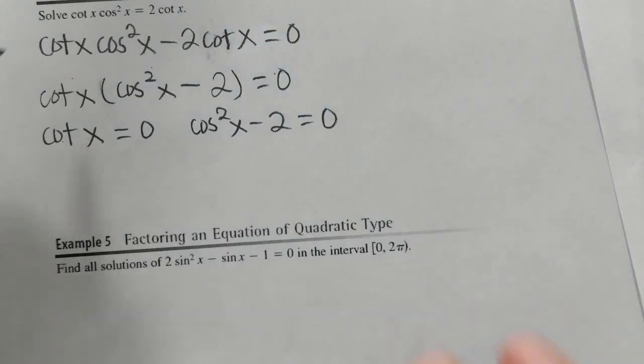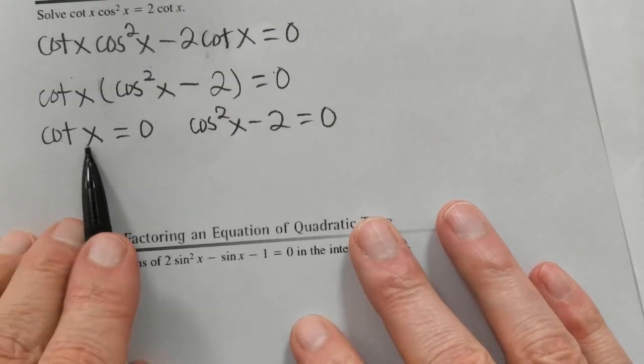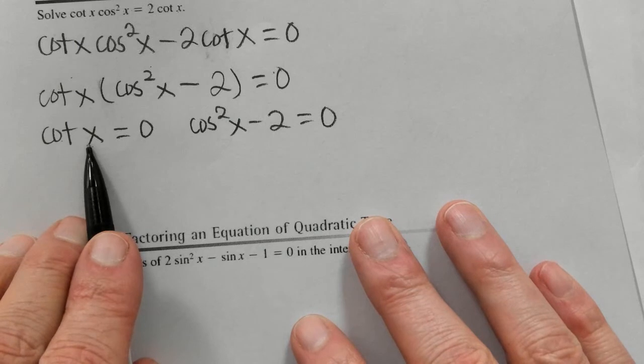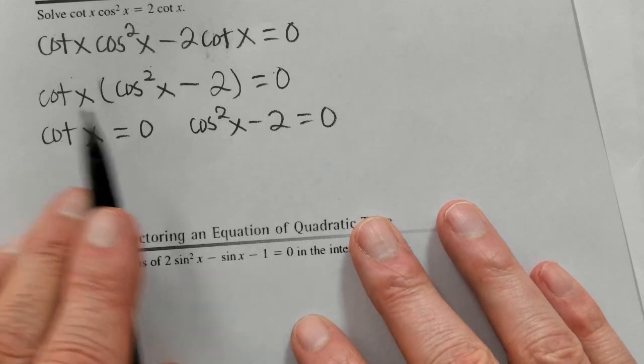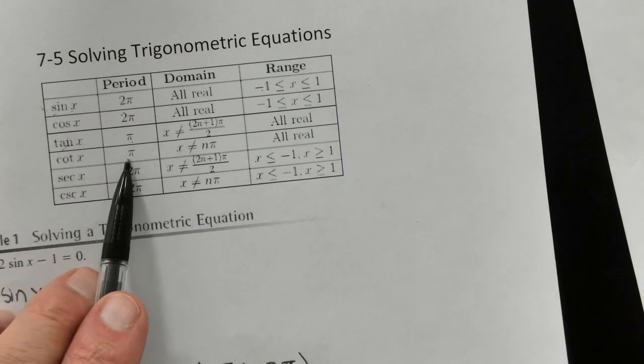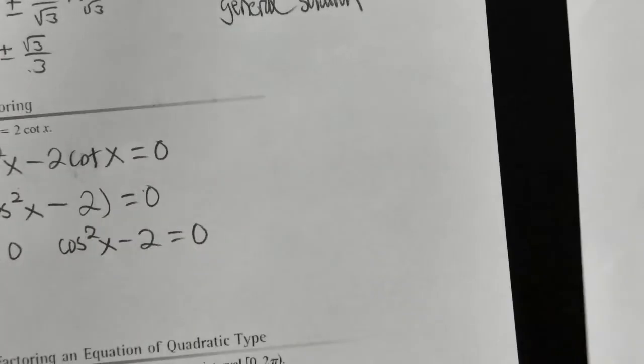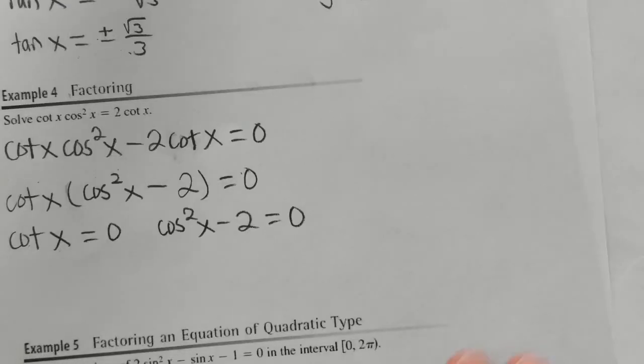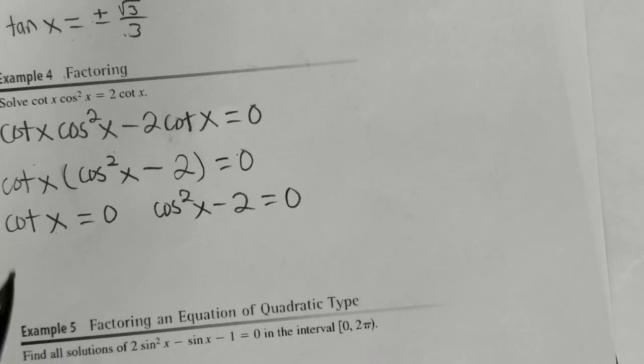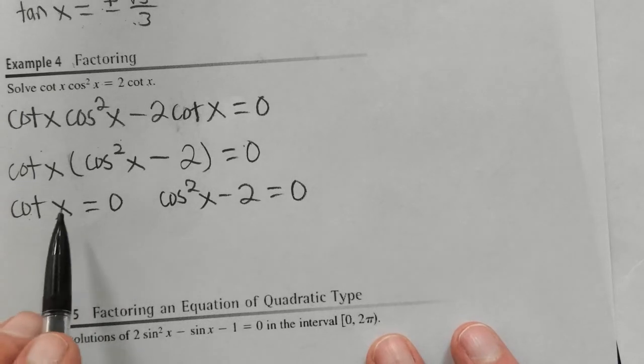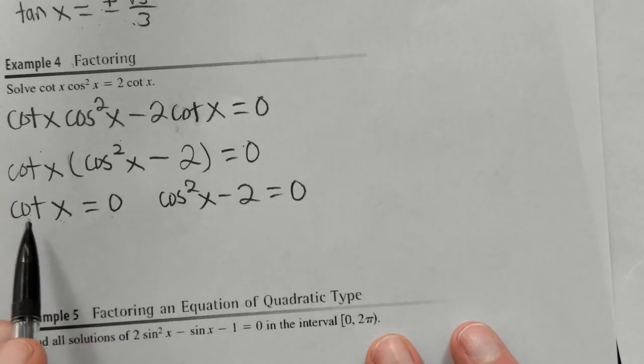Here I'm looking for a value of x, or an angle, whose cotangent is 0. First of all, let's look at my cotangent. My period is from 0 to pi. Remember, cotangent is the reciprocal of tangent.